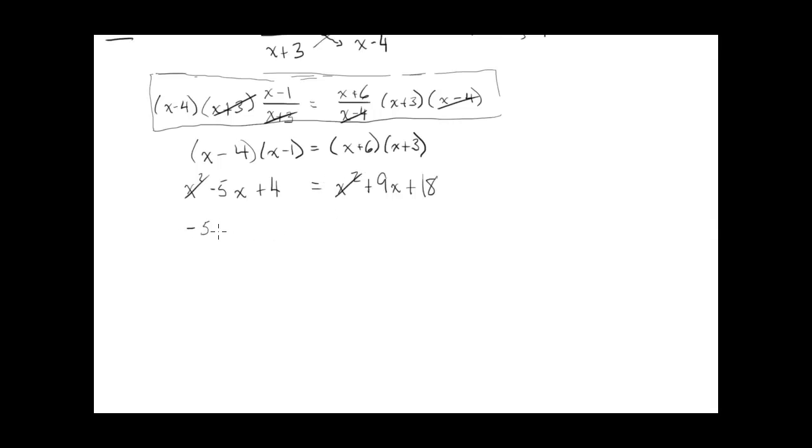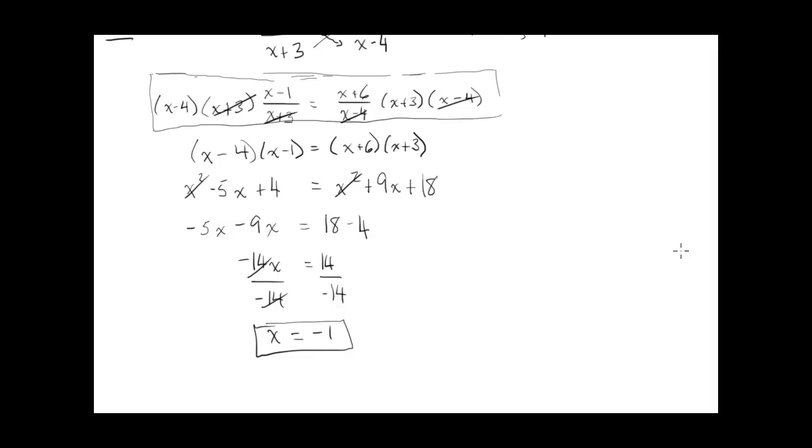So I'll collect the x's on the left side and the constants on the right side. So I got minus 14x equals 14. Divide both sides by minus 14, and we'll get x equals minus 1.